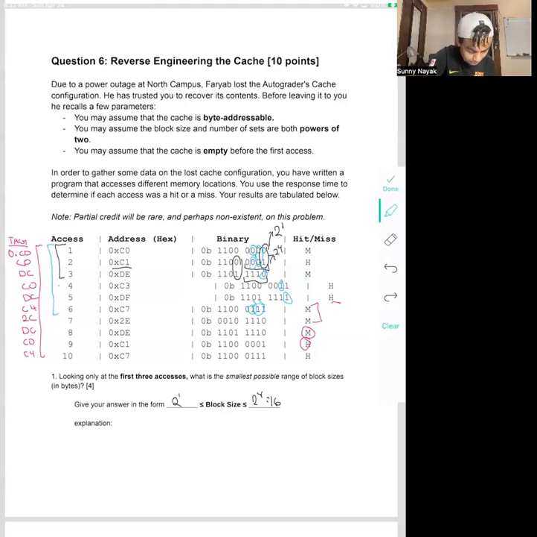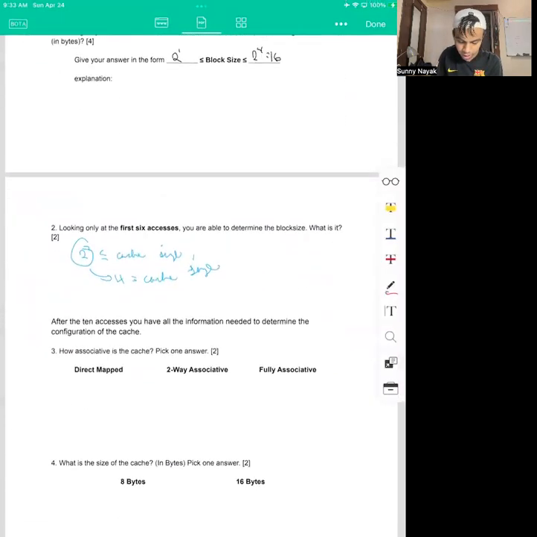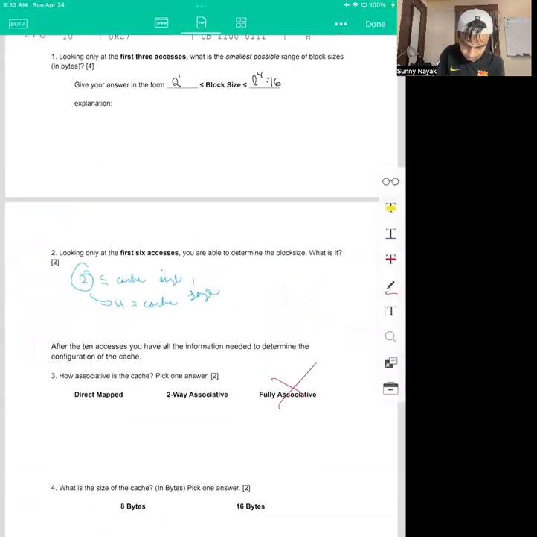The last time we accessed block C0 was on cache access 4, and the last time we accessed block DC was on access 5. Yet what I'm finding is that DC has been evicted, but C0 has not. That is the reason why we know it's not going to be fully associative, because something got evicted not by a global LRU policy.